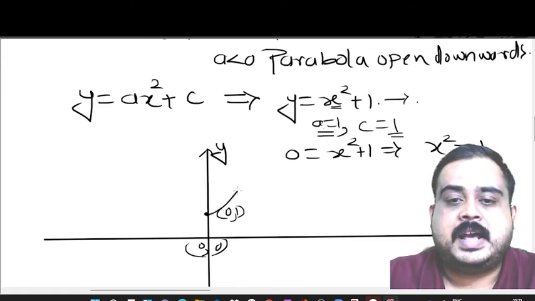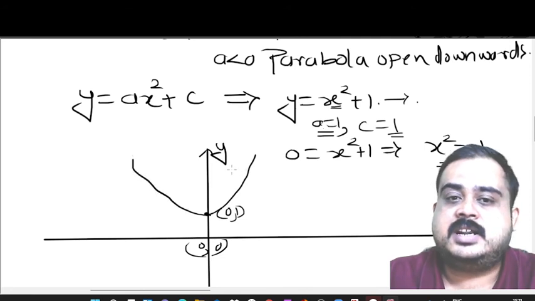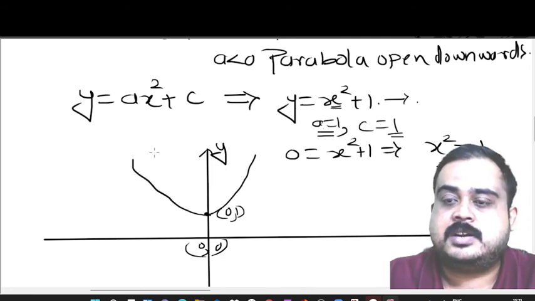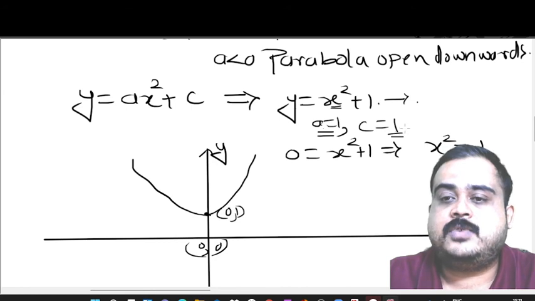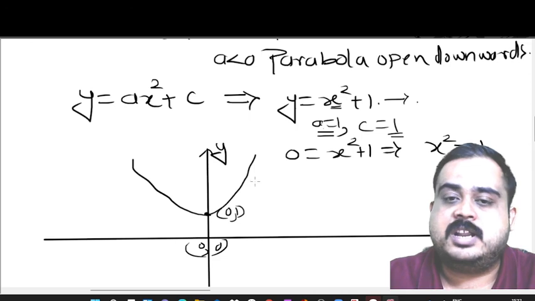So the parabola will look like this. Here a is greater than 0, the parabola is opening upwards. c is equal to 1, the parabola is cutting the positive y-axis at y equal to 1, and the parabola is definitely not cutting the x-axis, and the reason we have already learned.